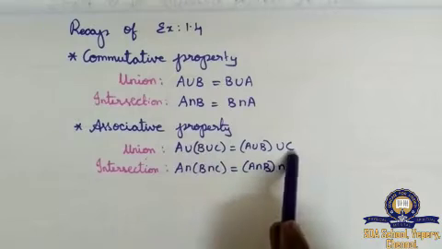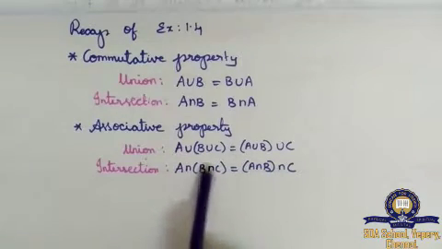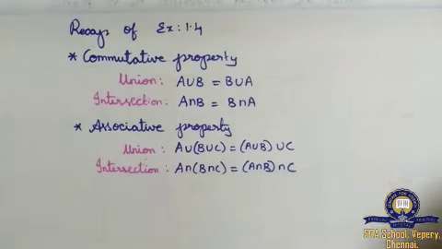A union B union C; A intersection B clubbing, then intersection C. So with these properties we have completed exercise 1.4.